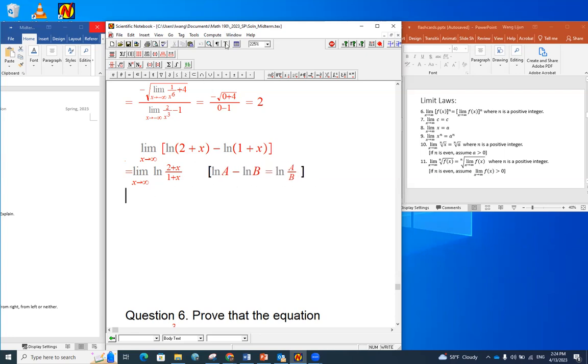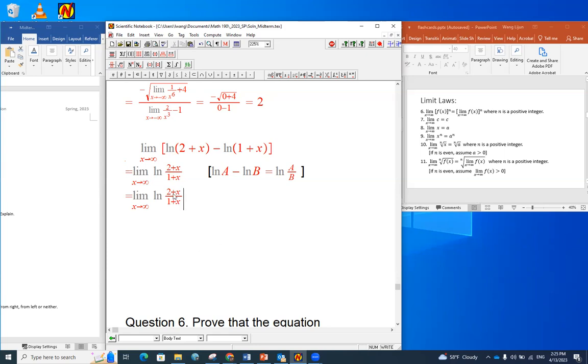And then what do we do? Because x is approaching infinity, by the definition, we can imagine x is sufficiently large. How large? As large as possible. It's a positive number. And because of that, we can do the following within the logarithm.